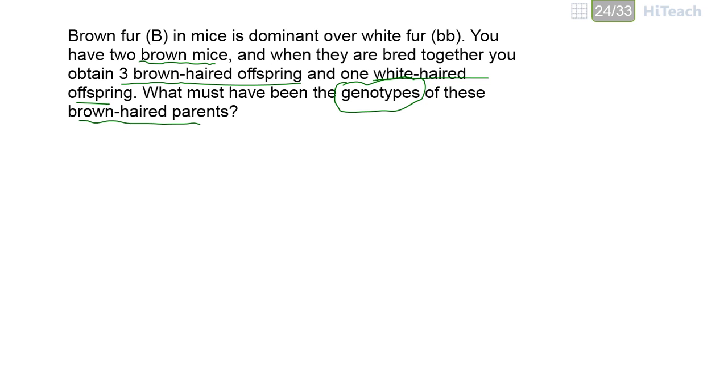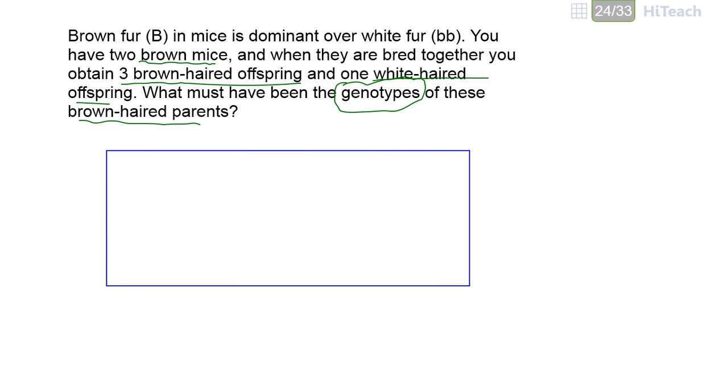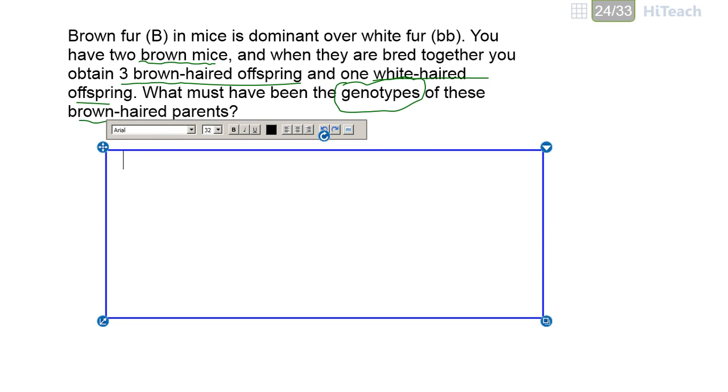What did they give to their kids? For the parents, imagine this one is brown and the other one is brown, and because one of the offspring has white, both parents are carrying the recessive allele.